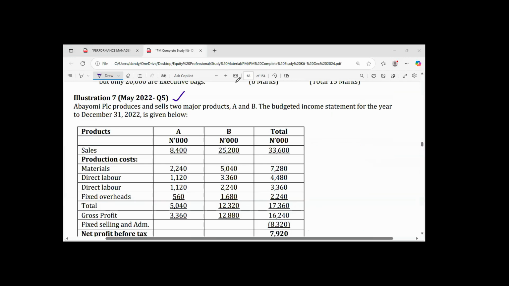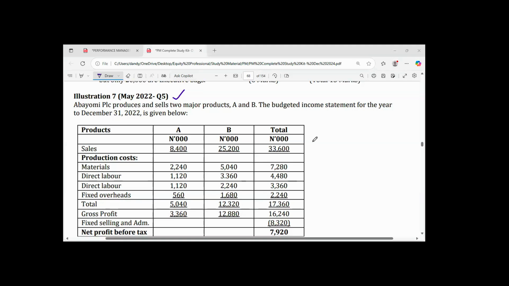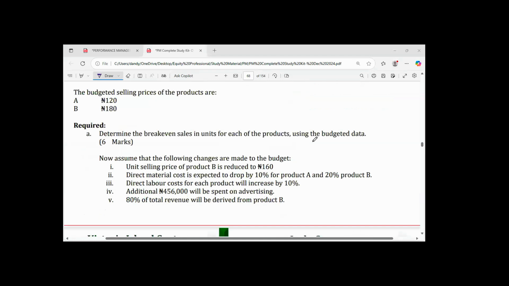Babayomi PLC produces and sells two major products, A and B. The budgeted income statement for the year to December 31st, 2022 is given below, the information assumed to be correct. The budgeted selling prices of the product are A, 120, B, 180. Required. A, determine the break-even sales in units for each of the products using the budgeted data.